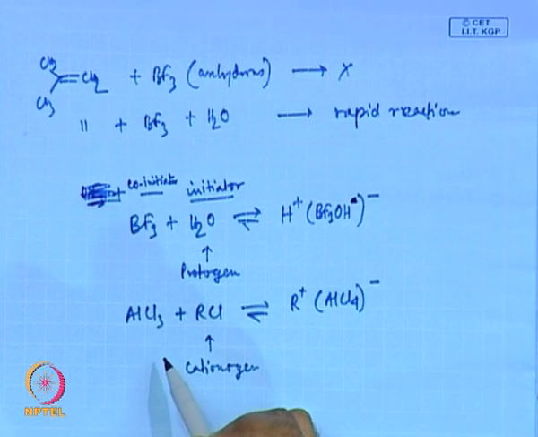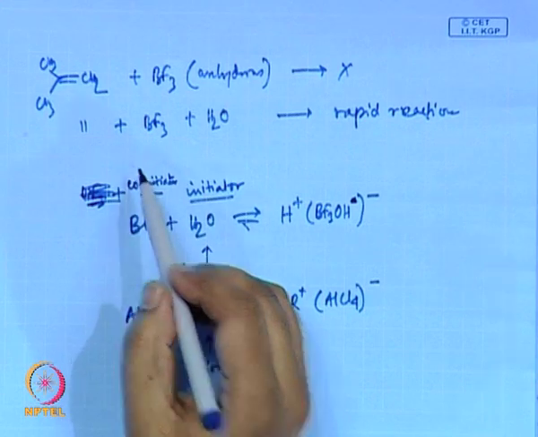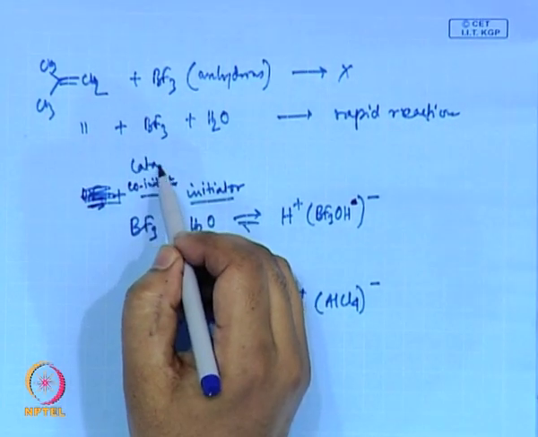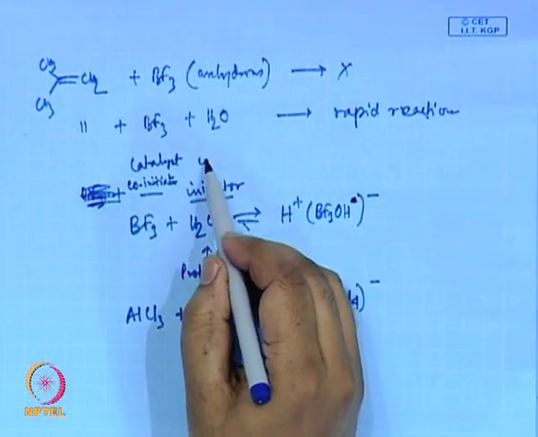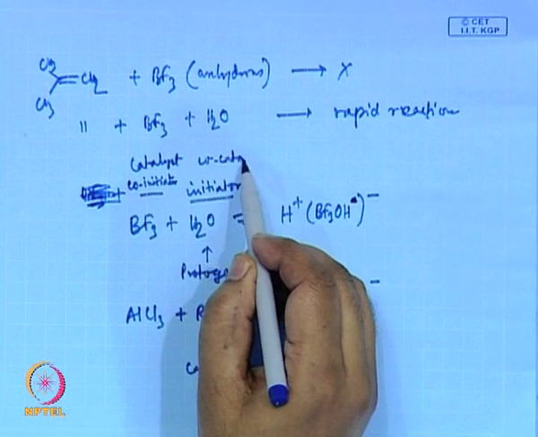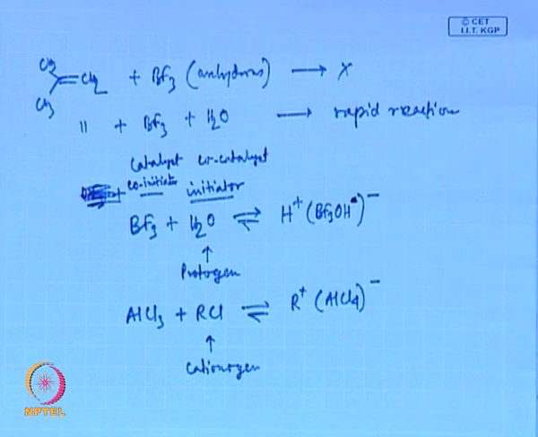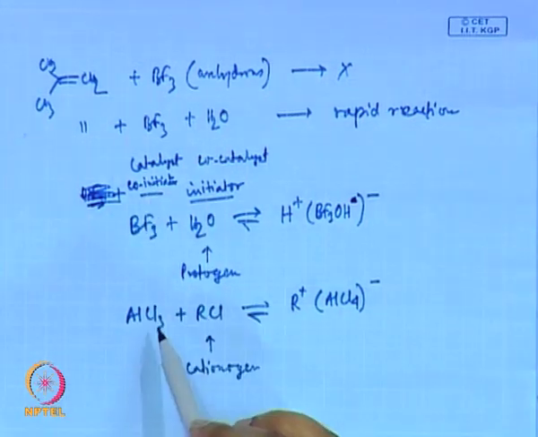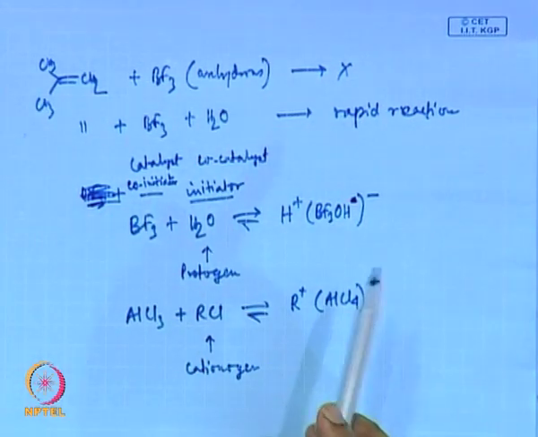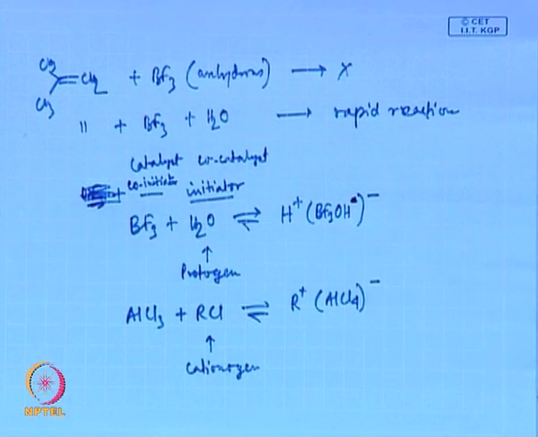Sometimes they call BF3 or AlCl3 the catalyst, and this initiator is called the co-catalyst. So you should be careful about this nomenclature: either you call them initiator and co-initiator, or you call this a catalyst and this the co-catalyst.